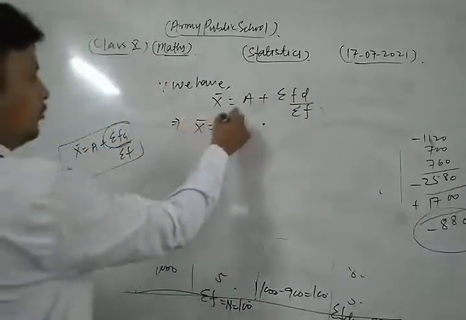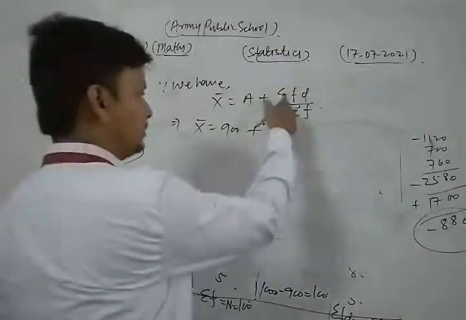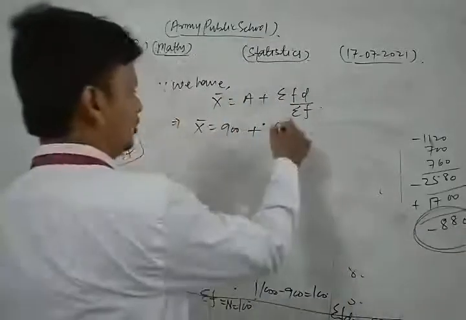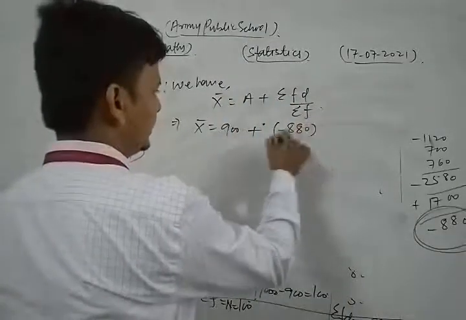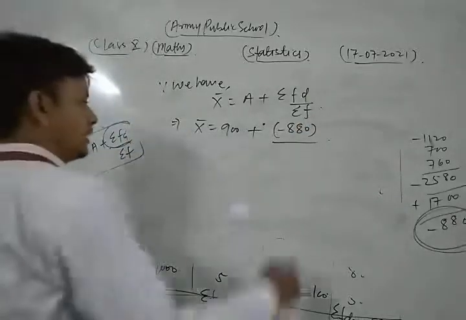Now we put the value of a as 900, this is the assumed mean, plus sigma f into d, the value of sigma f into d is minus 880. So we write in bracket 880 upon sigma f, the value of sigma f is 100.